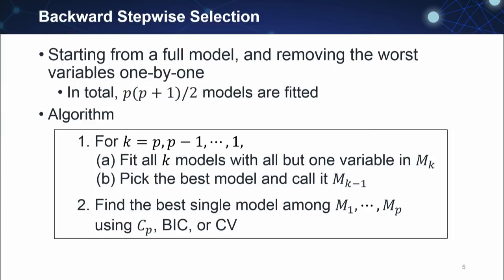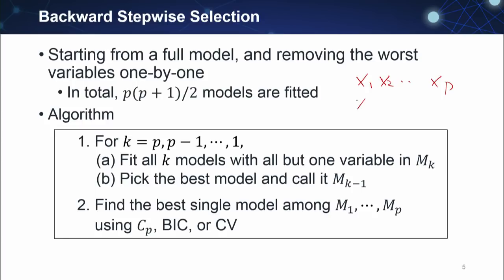And the other is the backward stepwise selection. Backward stepwise selection is very similar to the forward stepwise selection, except for the direction. It starts from a full model and removes the worst variable one by one. So for variables x1, x2, up to xp, it tests p minus 1 models by removing one variable one by one.